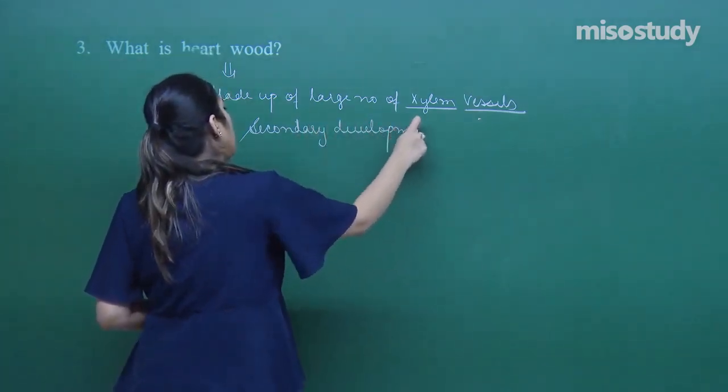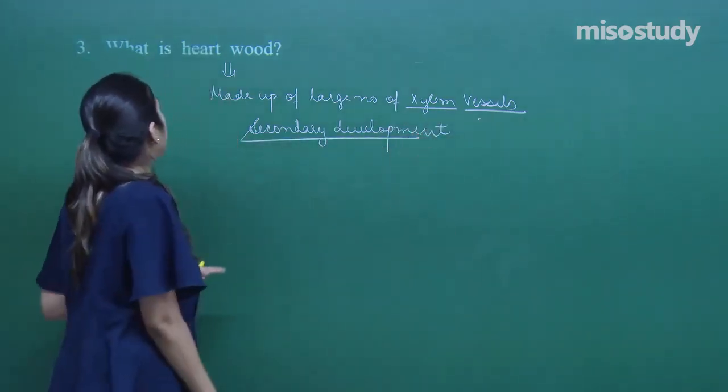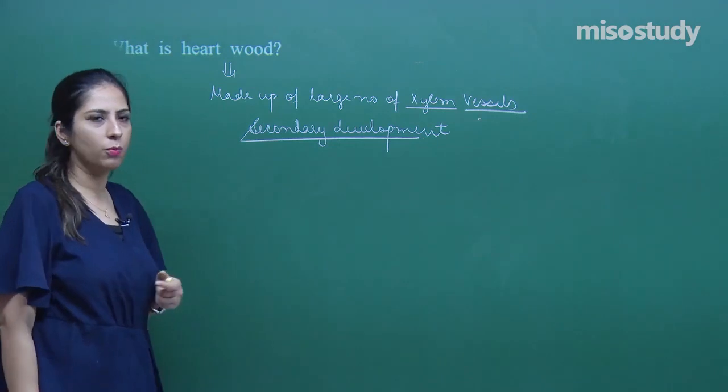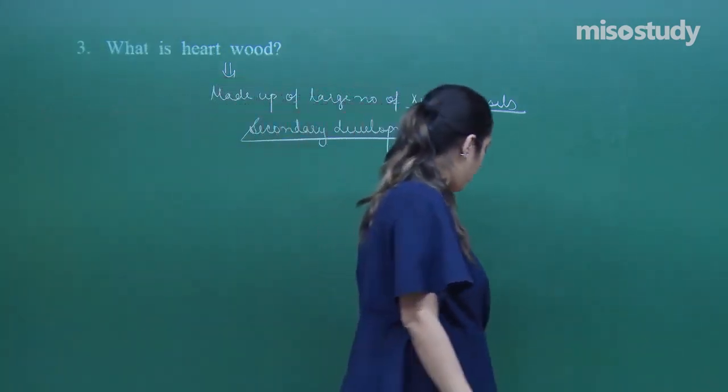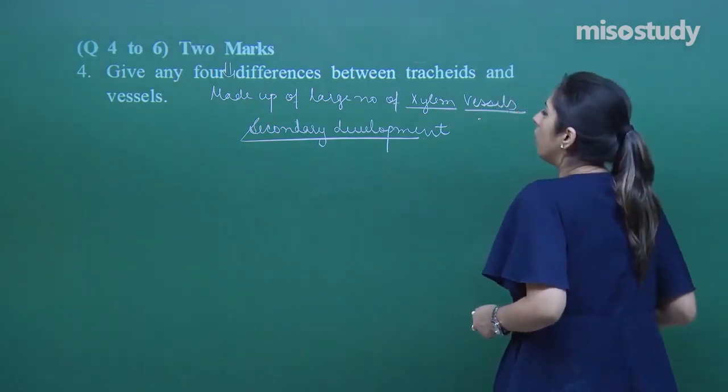We have studied how secondary growth happens. We have already studied the same in detail, right? Hope you can write. Now let's move forward with the next question, question number 4.